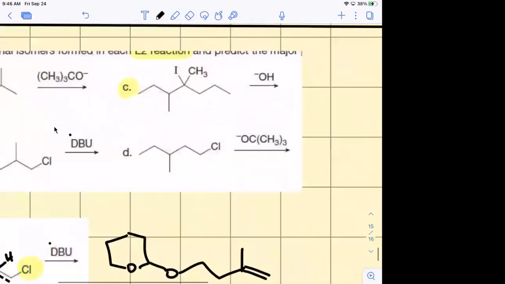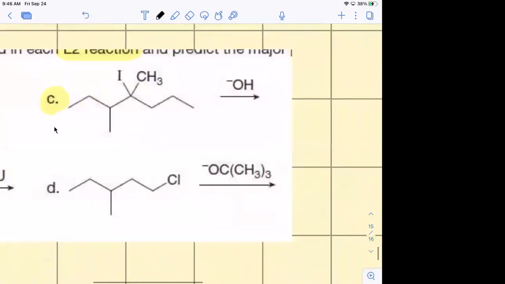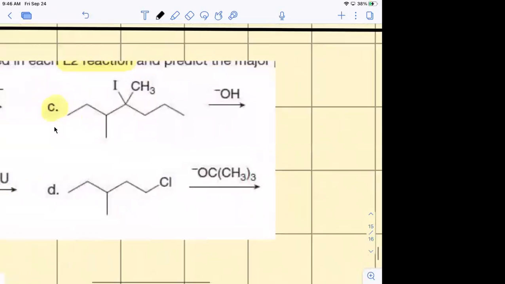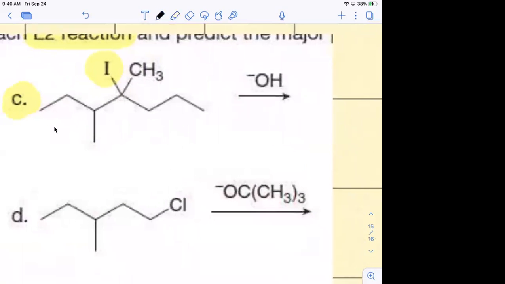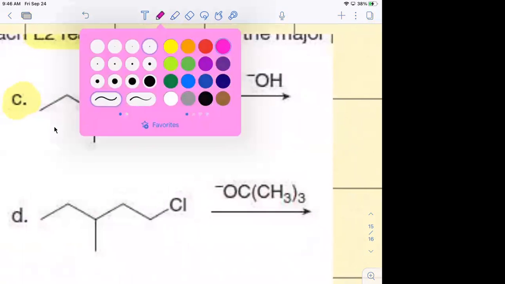What about C? I'm not going to go through the actual mechanism, but let's see if we can figure out how many products we're going to get. Look, where's the leaving group? Iodine, good. All right. How many alpha positions are there to this carbon right here? Because this is the carbon where the leaving group is attached, right?